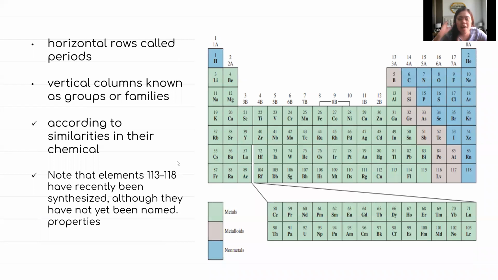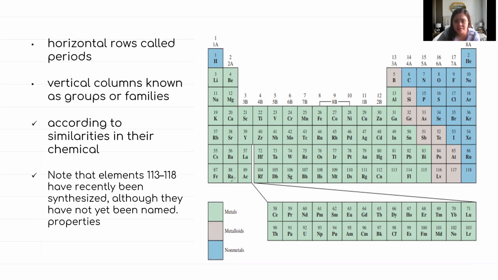We had the post lab yesterday, right? When vertical, like from rubidium down to francium, we have group 1 here. We call that a group or family.